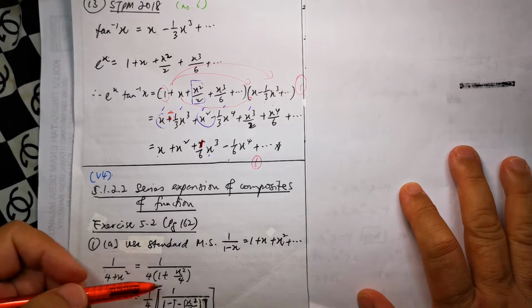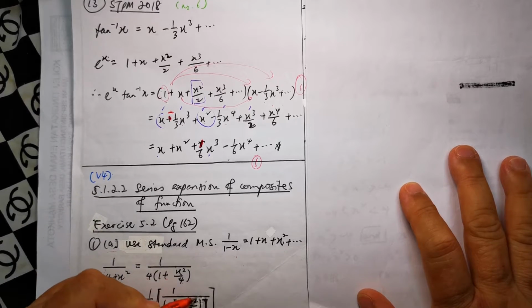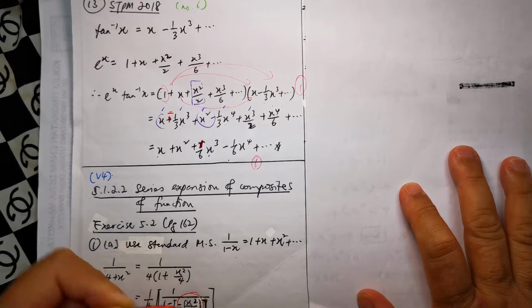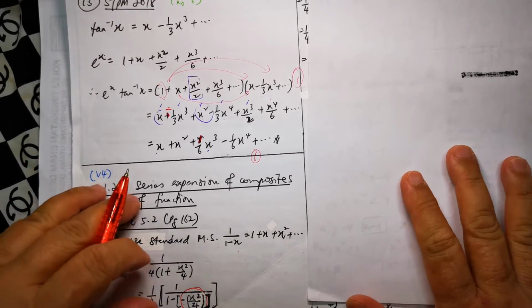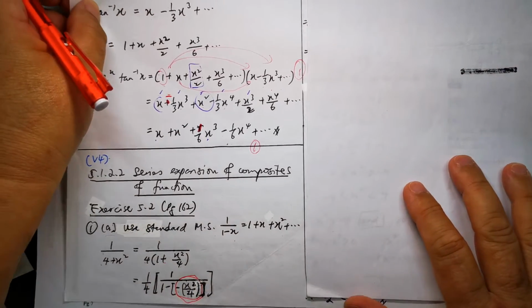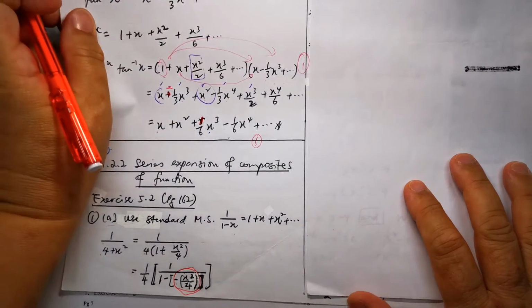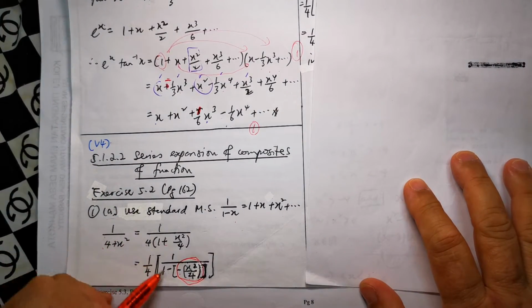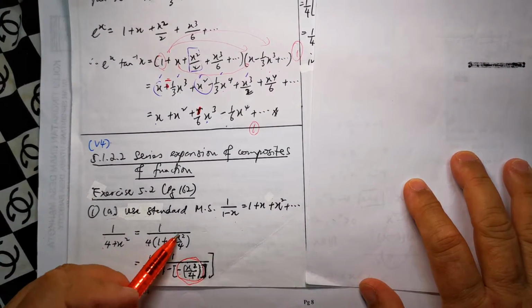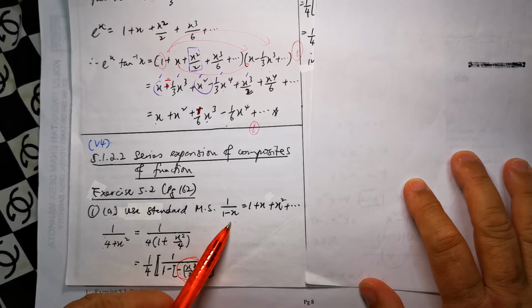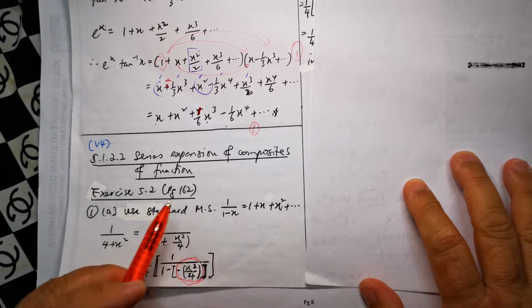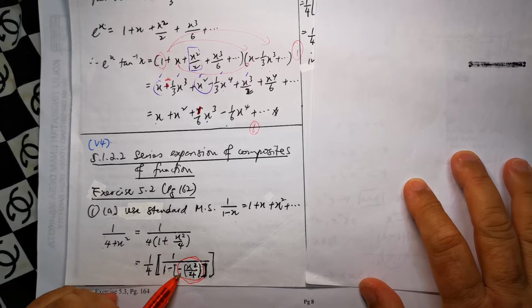Now, you see that this whole term, this whole thing. So, we repeat. 1 plus x squared over 4. We must write it in minus form, right? So plus means minus, minus.